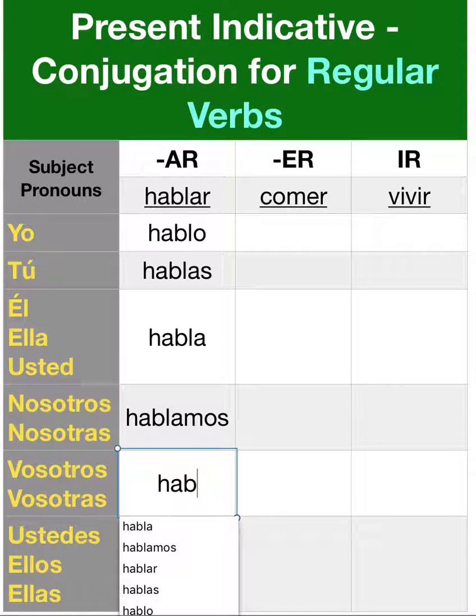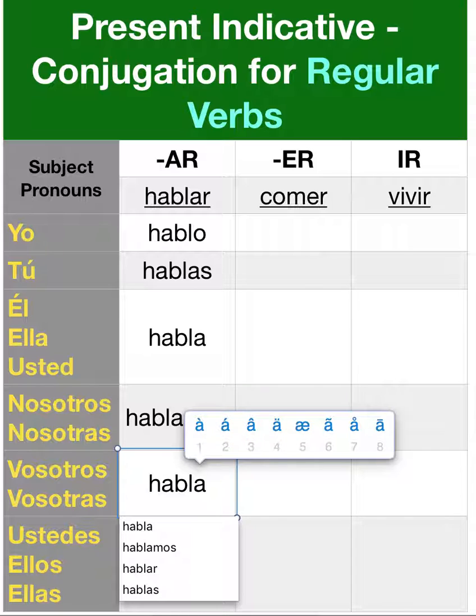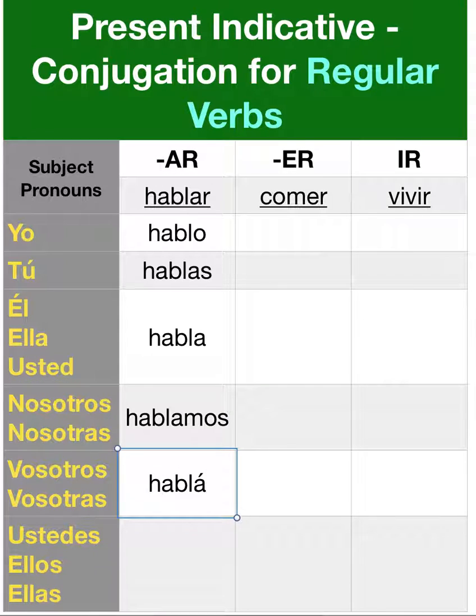Again, we take the stem of the verb, and then we add an accented a, and then is. Habláis. Vosotros habláis, vosotras habláis. You all speak.